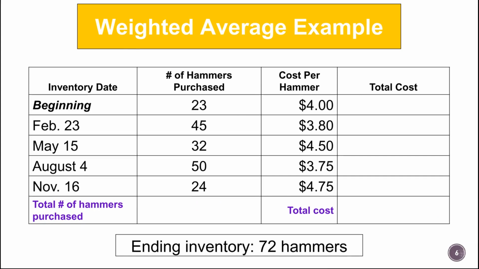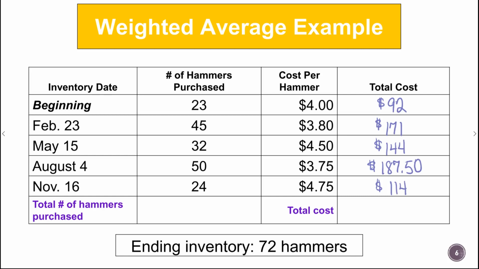Now, on this chart, basically you just multiply straight across, 23 hammers times 4, and I left some of these where I didn't go ahead and put the amounts on there. So this one's 92. Remember, I already have these figured out. 144, 187.50, 114.